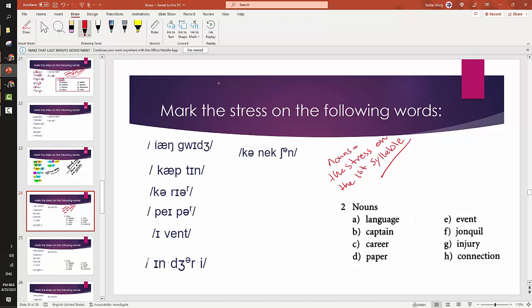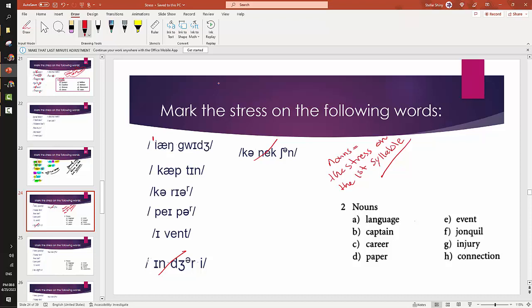I will omit injury and connection because they have more than two syllables. Okay, language. It's obvious, you can hear lang over guage. So it's a general rule.